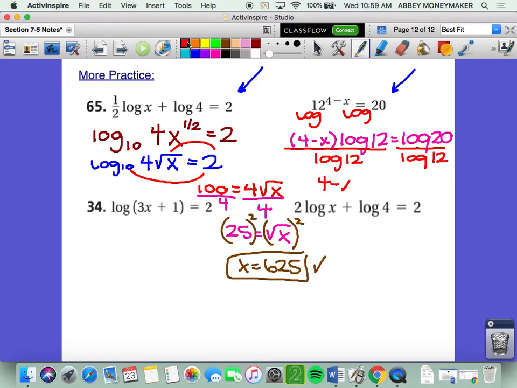So I have 4 minus x equals what? 1.21. Yes. All right. What do I do from here? Subtract 4. So what do I get? Negative x equals, you gotta bring the negative from that x, negative 2.79. So that means x equals 2.79.